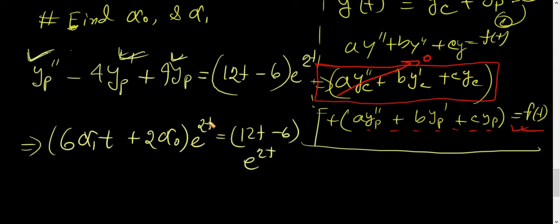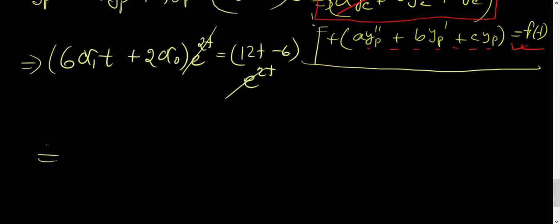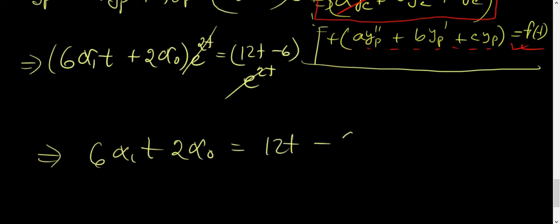From both sides you can factor out this e to the power 2t, and then you need to write this whole thing again. Oh sorry, I missed a plus sign over here, and this is a t.